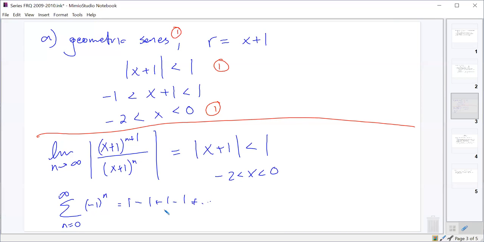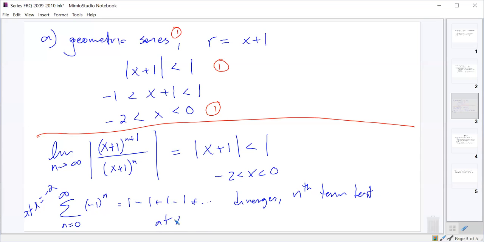And just using the nth term test for divergence, we'd say this diverges. This is the nth term test. And then we check the other endpoint. That was at x equals negative 2.